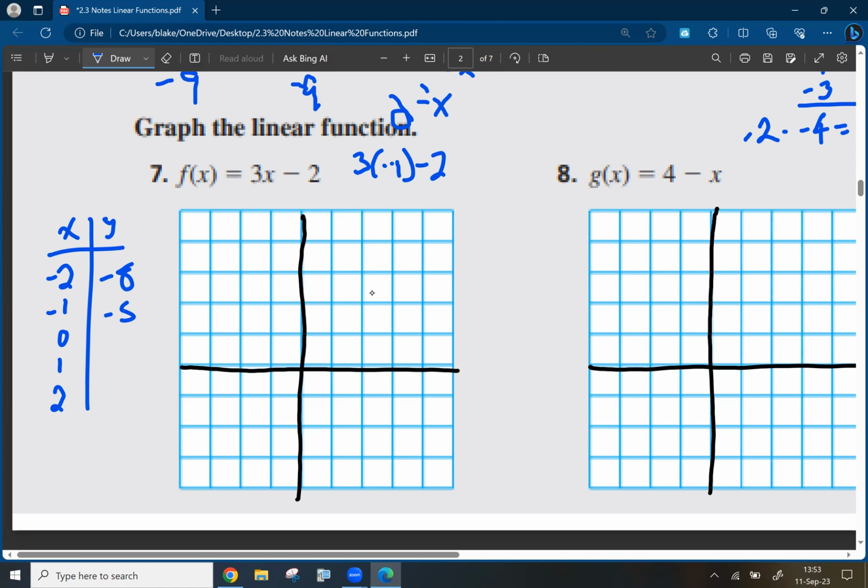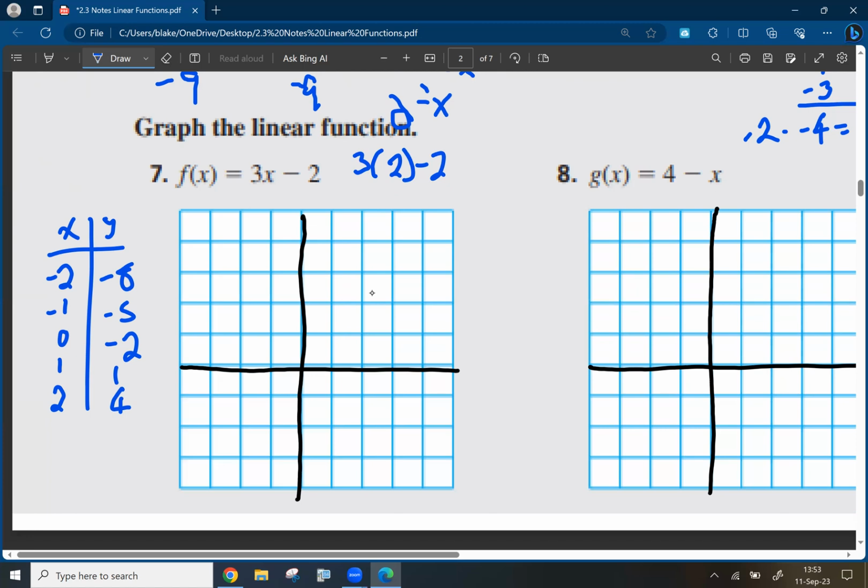If we plugged in 0, 3 times 0 is 0. 0 minus 2 is -2. If I plug in 1, 3 times 1 is 3. 3 minus 2 is 1. And if I plugged in 2, 3 times 2 is 6. 6 minus 2 is 4.